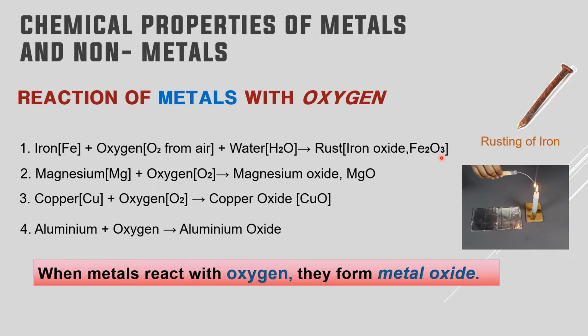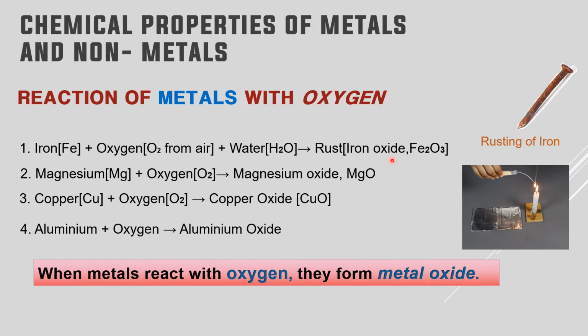So this reaction you have to learn: iron plus oxygen plus water forms rust, and the chemical name of rust is iron oxide, Fe2O3. Here iron is the metal, and that metal reacts with oxygen to form an oxide, iron oxide.